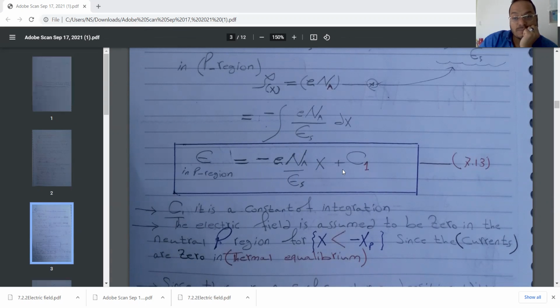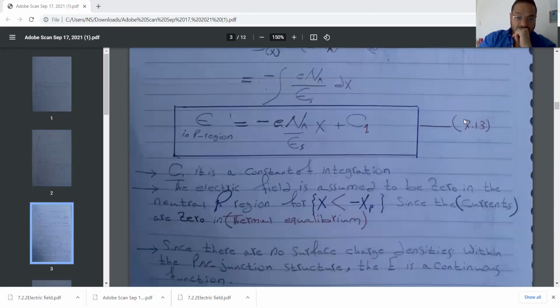the acceptor concentration divided by the permittivity times x, plus the integration constant. I have more than one integration constant, so here I use number 1, and after that I will use number 2, something like that. Let's ignore it. There's 7.13.